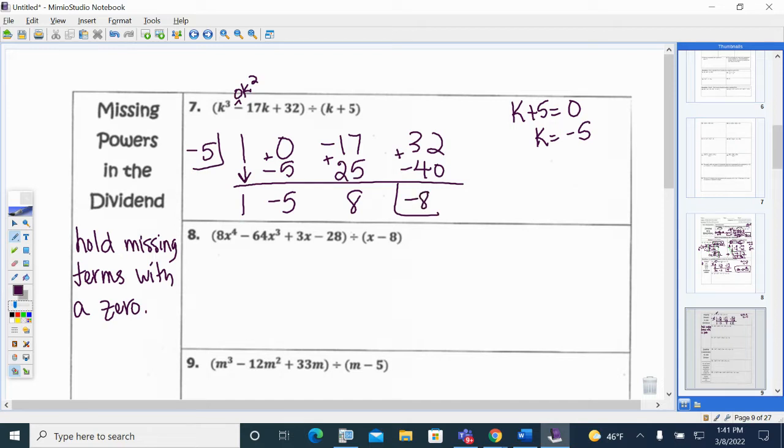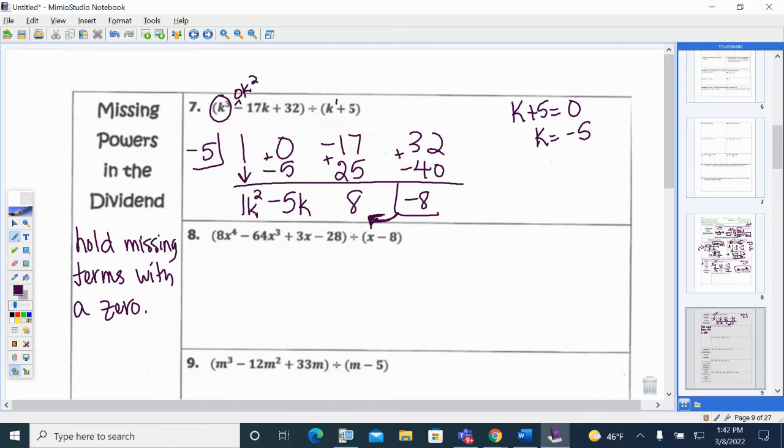And again, the highest power in my dividend is a 3. So we're going to decrease that by 1 because, again, you just divided out a k. So my answer starts with a k squared. They decrease as you go, so that's going to be a k. The number right next to the left of your remainder box is always a constant.